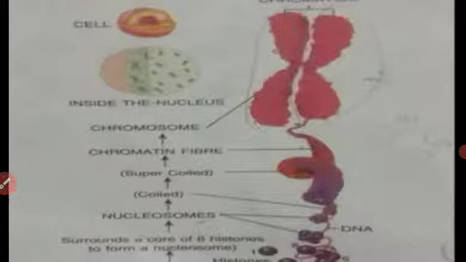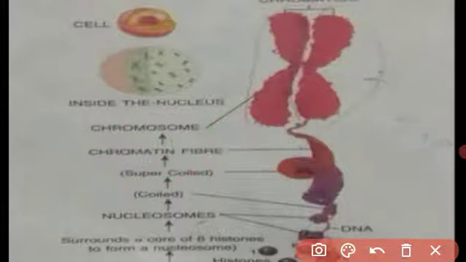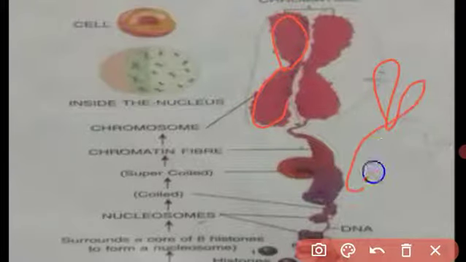In the nucleus there are chromatin fibers. During cell division, these chromatin fibers are condensed and form the chromosome. This is the structure of a chromosome.